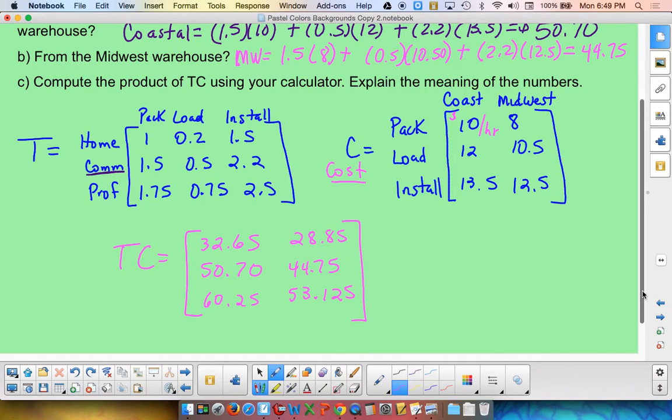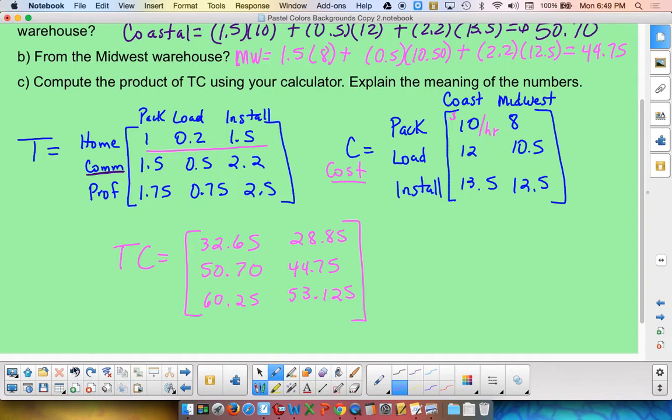Notice here we took matrix T times matrix C. We took the rows of matrix T times the columns of matrix C. What do the two of them have in common? Realize we were going across the first matrix. So we were taking the pack, the load, and the install. We were going down the second matrix.